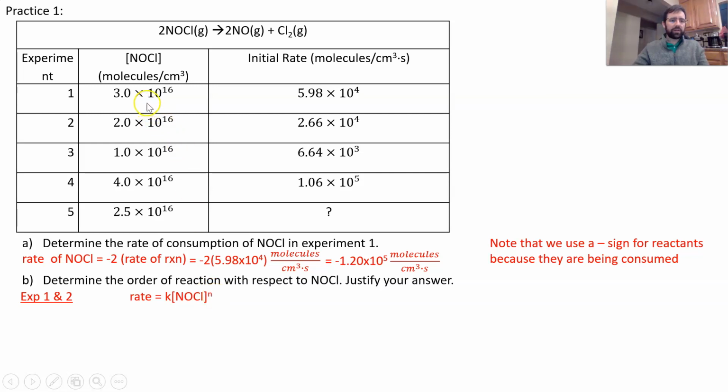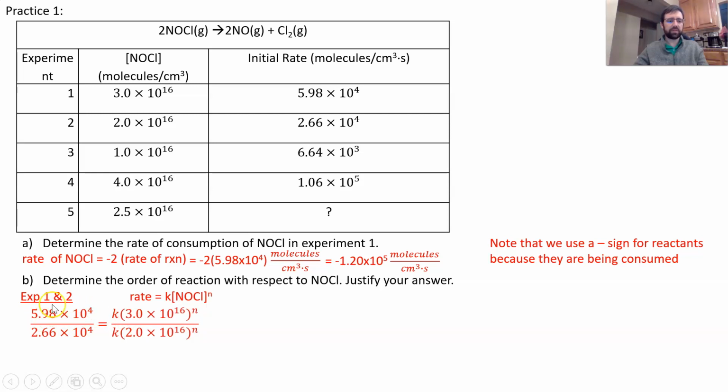So as I went from 3.0 times 10 to the 16th to 2.0 times 10 to the 16th, how did that affect the initial rate going from 5.98 times 10 to the 4th to 2.66 times 10 to the 4th? Let's set up a proportion.